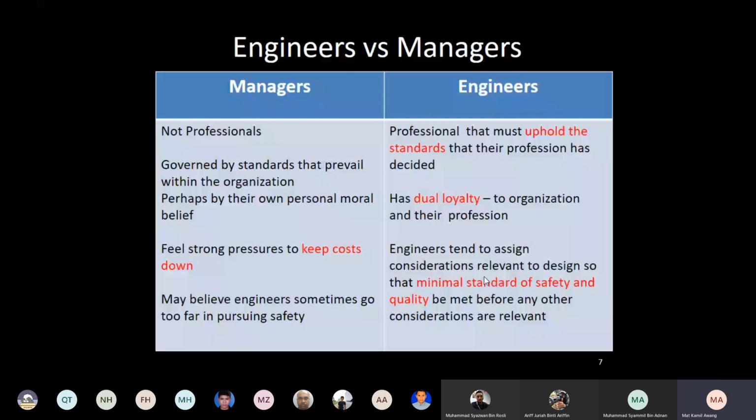Managers are governed by the standard that prevails within the organization. They just follow the standard operating procedure or the policy of the organization they work for. And perhaps they are governed by their own moral beliefs or the religious beliefs they hold.